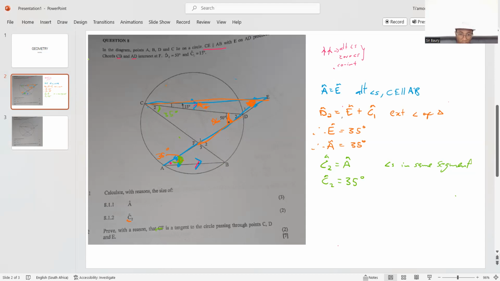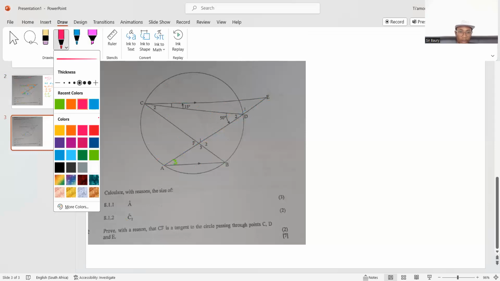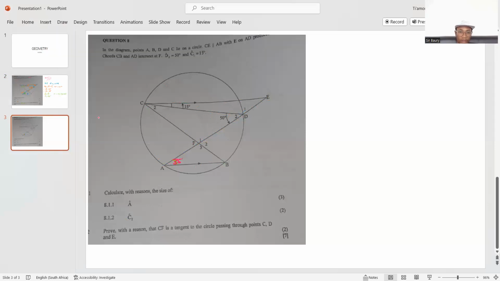Now, prove with reason CF is a tangent to the circle passing through C, D, E. Okay. Now they want a tangent. We know that this is 35 degrees. And then here we also have 35 degrees.